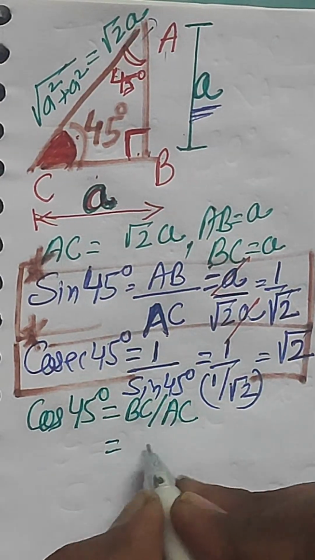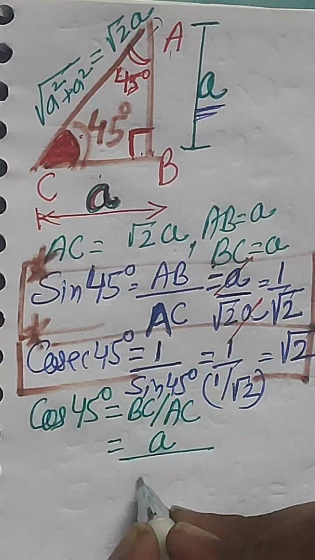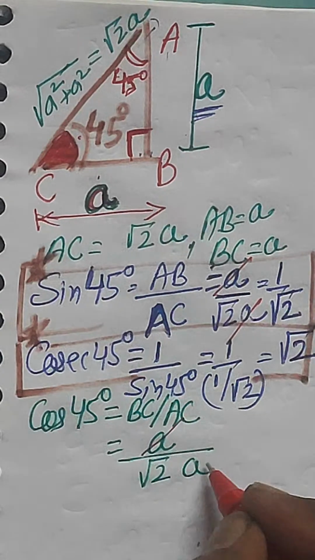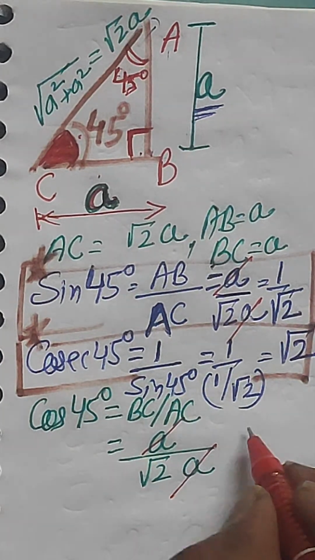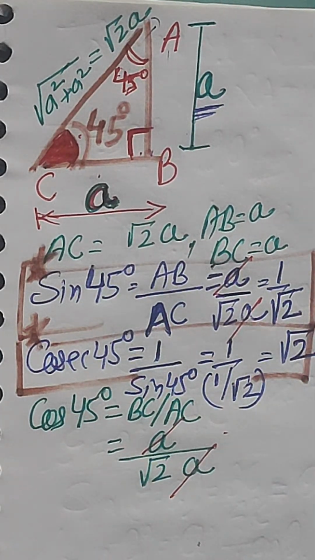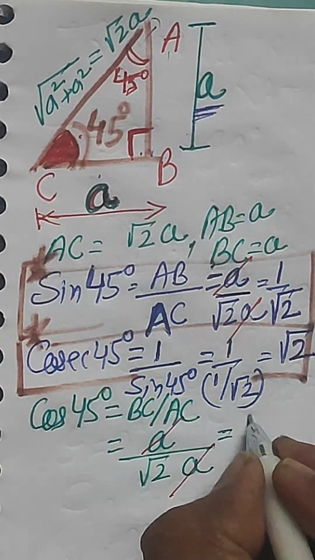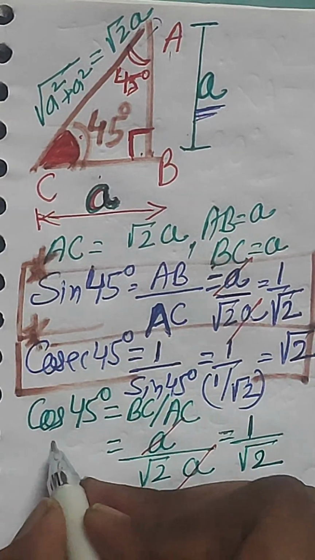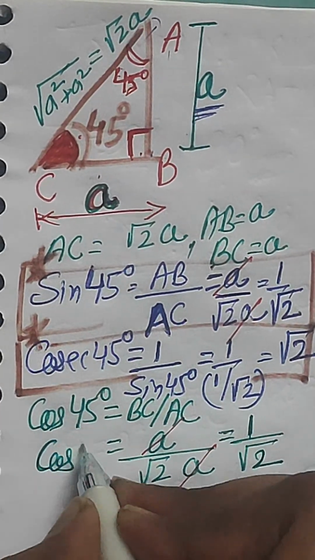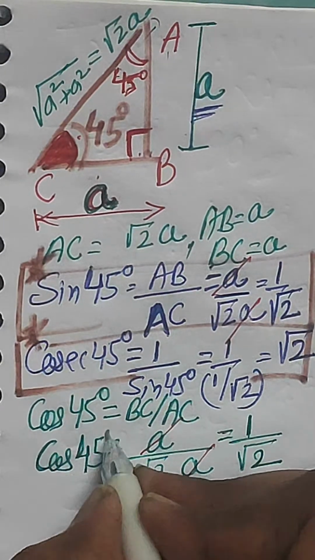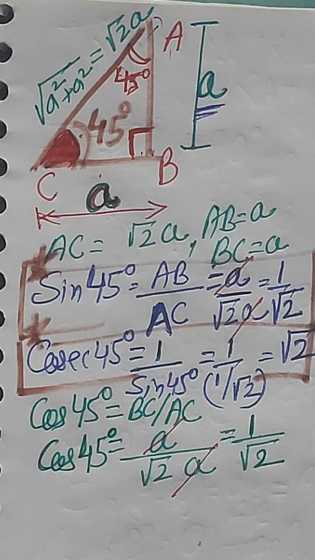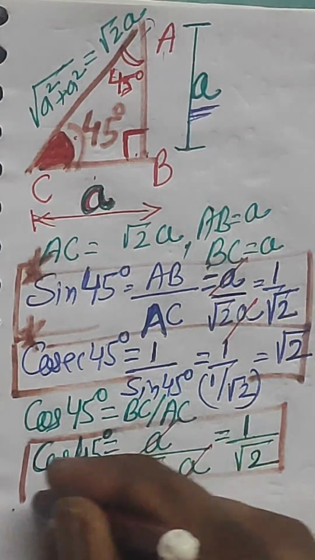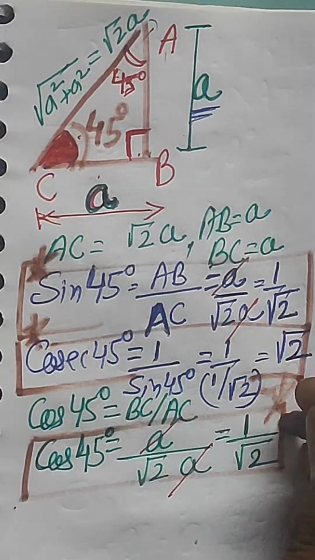BC is A and AC is root 2A. Here A and A will cancel out and we get the value of cos 45 as 1 by root 2. This is the only angle where both the cos and sine values come out the same, that is 1 by root 2, right? So in this way we have calculated the value of cos 45.